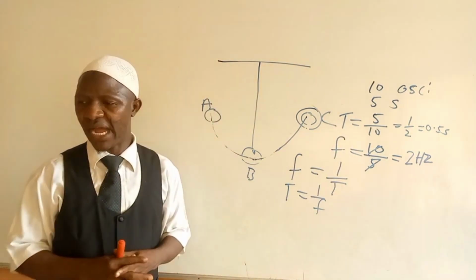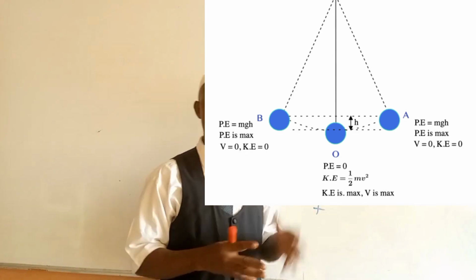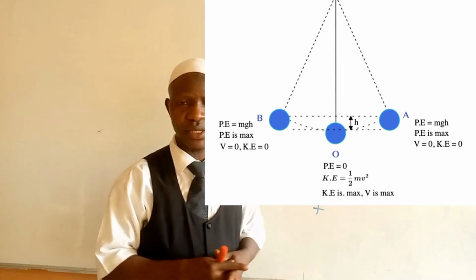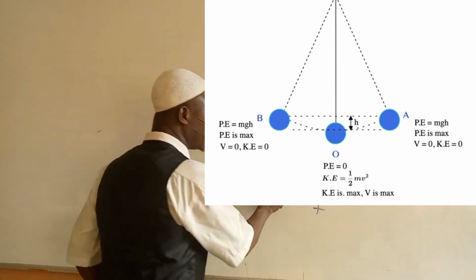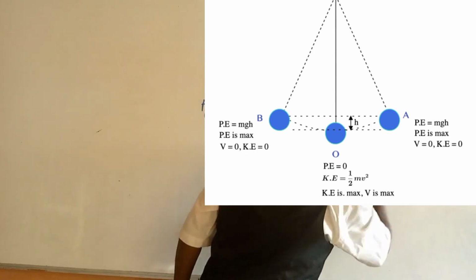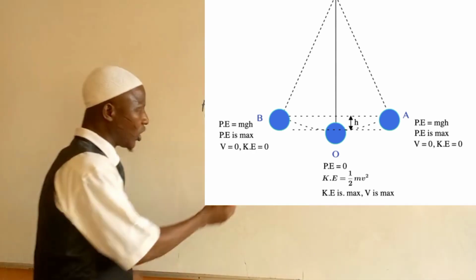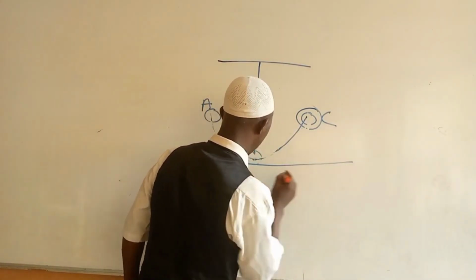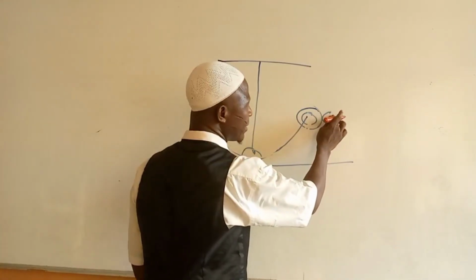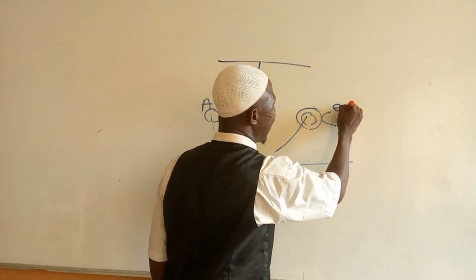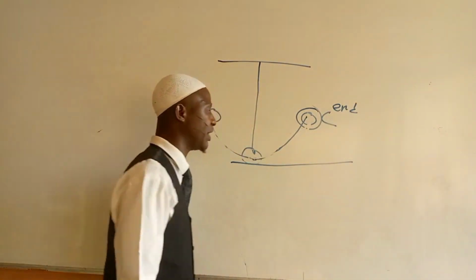Now, let's go to energy conservation, or energy transformation, in simple harmonic motion. If you have an object performing simple harmonic motion, this point is called the equilibrium point or mean point. This place is the end, or point of maximum displacement.